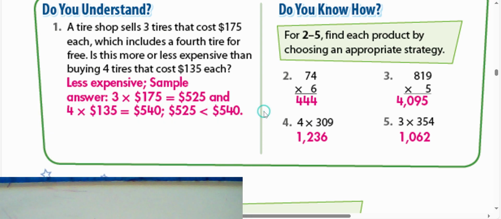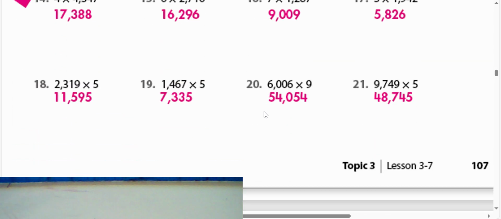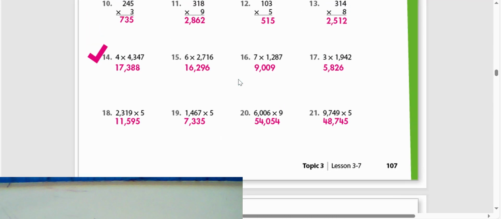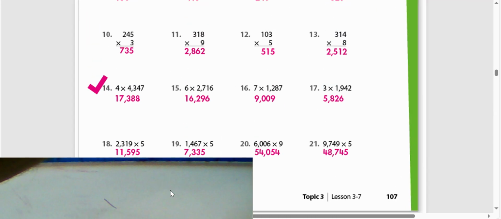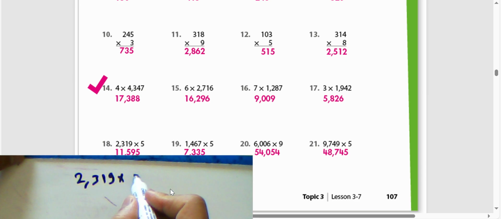Next question. Your solution about steps. You can write, check your answer. Okay, about this question, check your answer like this. 2319 times 5.